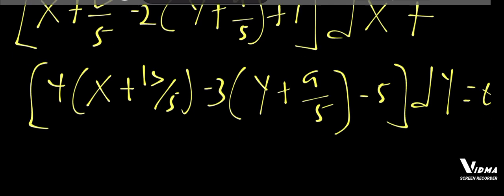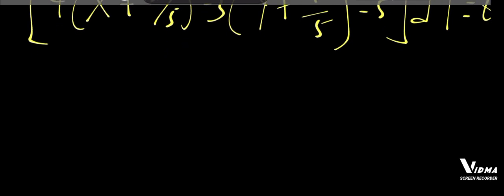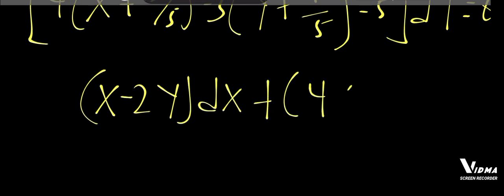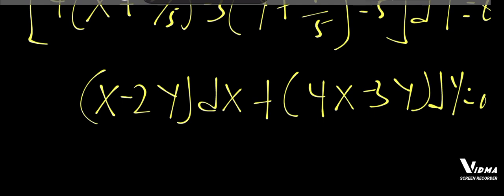So after doing your operations, your addition and subtraction, we are going to end up with (x minus 2y) dx plus (4x minus 3y) dy being equal to 0.